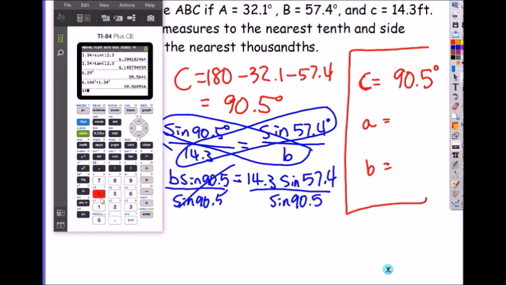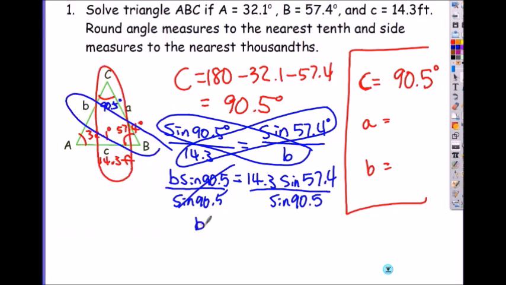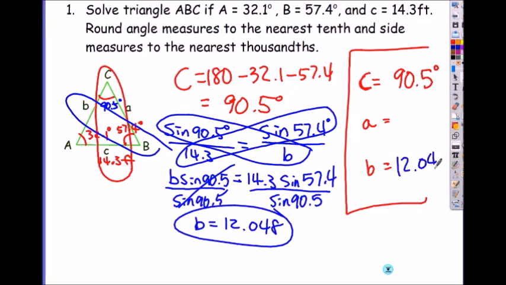I'll multiply first: 14.3 times sine of 57.4 and press enter. And then divide that answer by sine of 90.5. That way you can carry your exact answer over. So you get 12.048. So B equals 12.048.